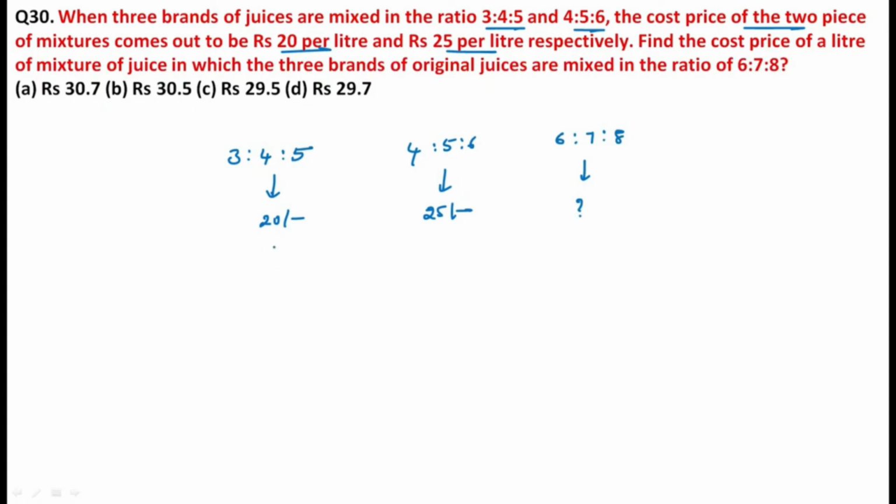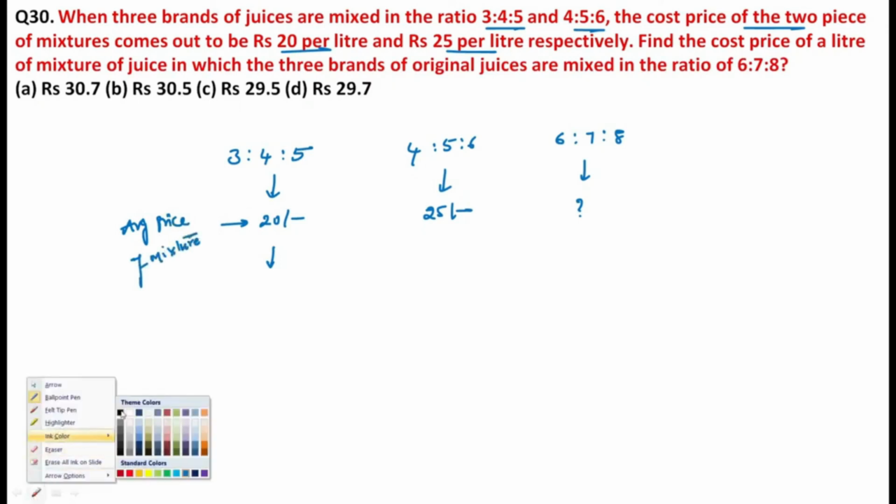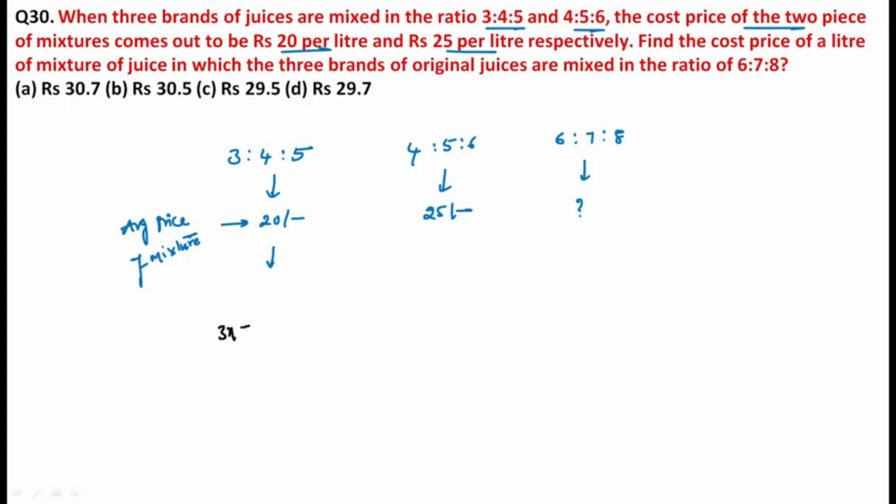Yes, here the most important thing is the average price of the mixture. First, you must know this. The average price of these means you just take 3x plus 4y plus 5z.